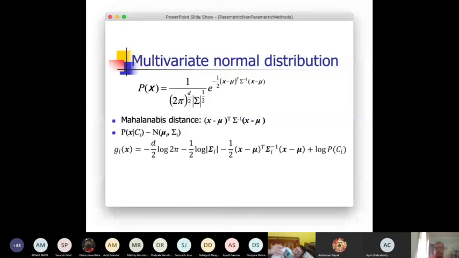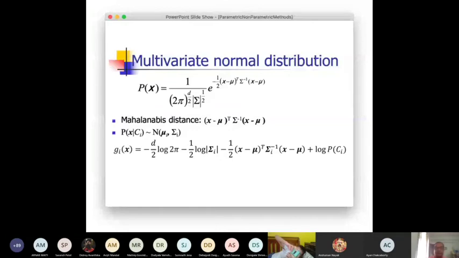And if I use the standard discriminant functional form, where, as I mentioned, you use the logarithm of the likelihood plus the logarithm of the prior, then you get this particular expression. It's very direct from the expression what is shown there.